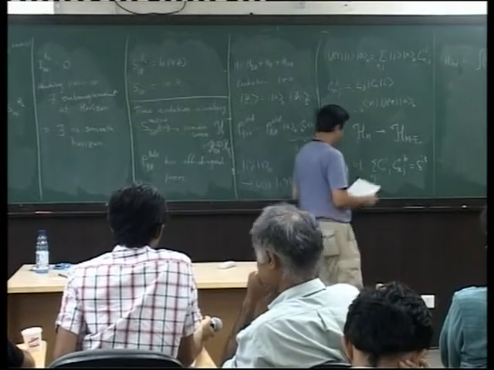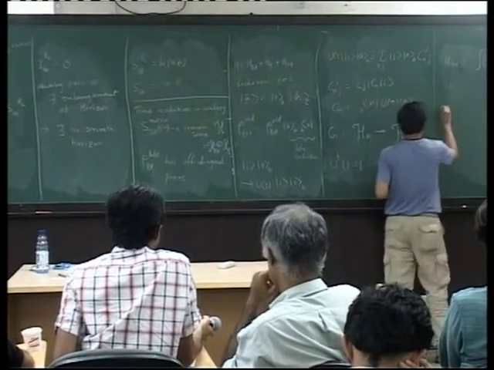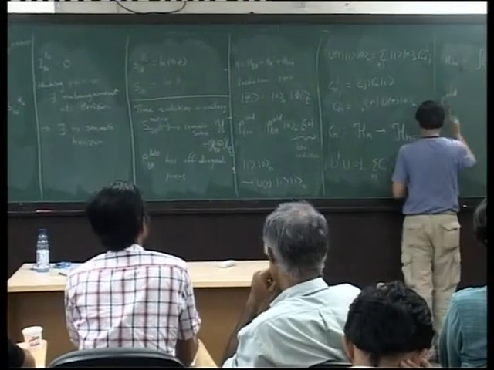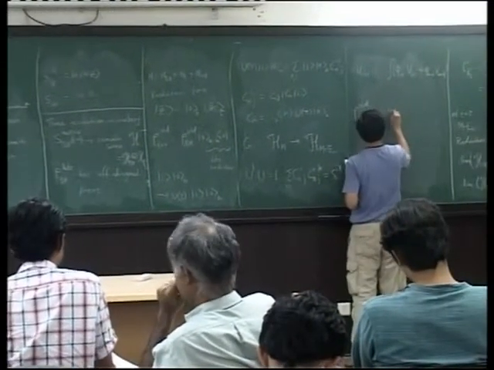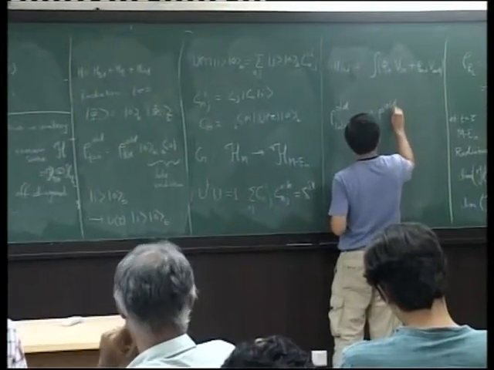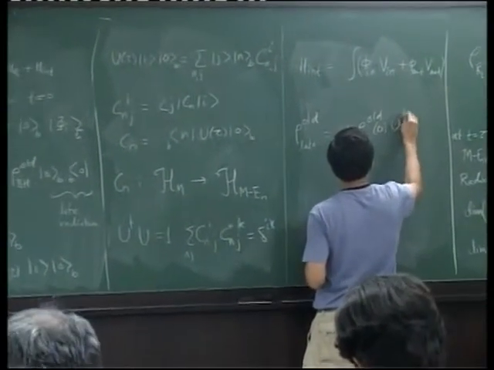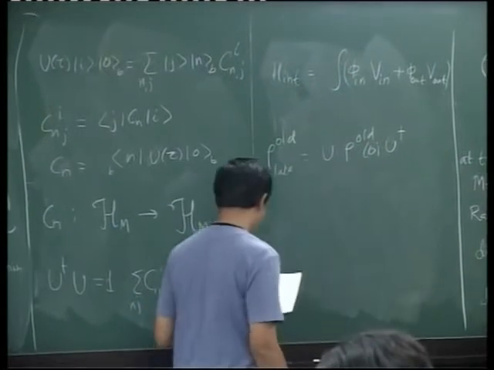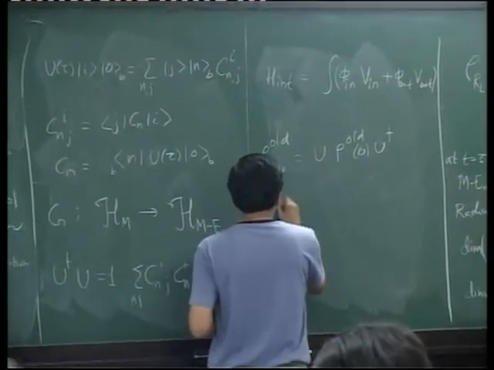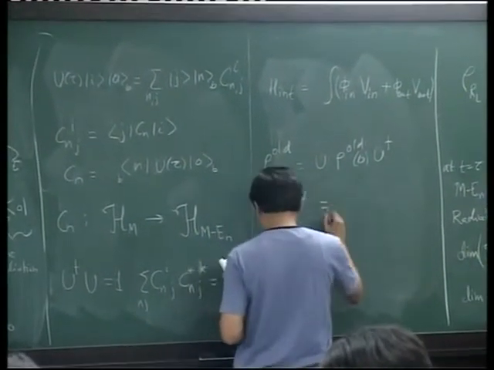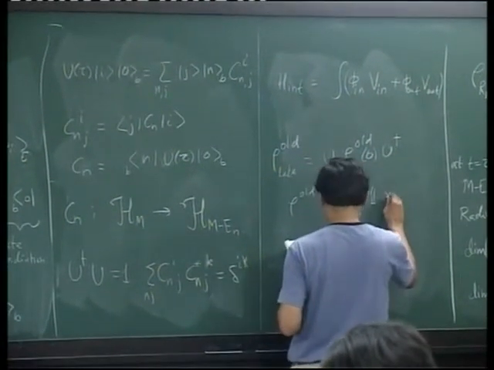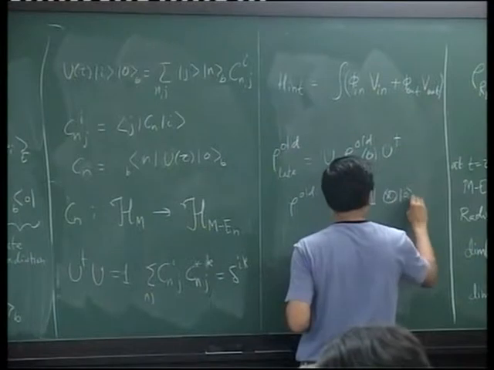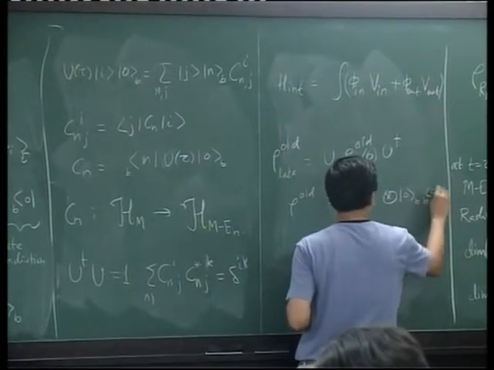Fine. So let's get back to our old black hole now. So rho old, now at late time, can be written as U rho old at time t equals 0 U dagger. Okay. And rho old itself was 1 over N times the identity matrix tensored with |0><0|.